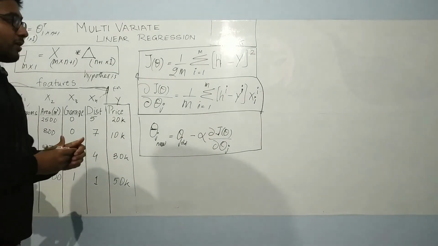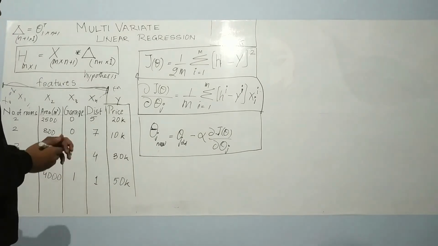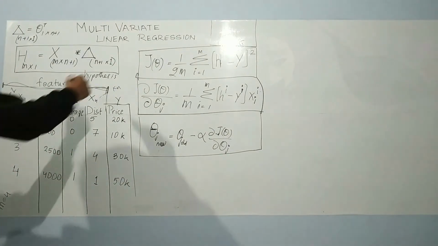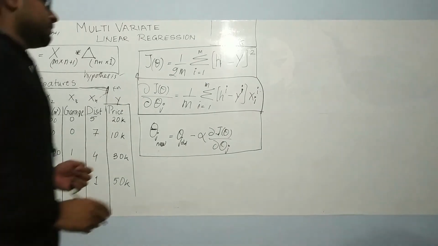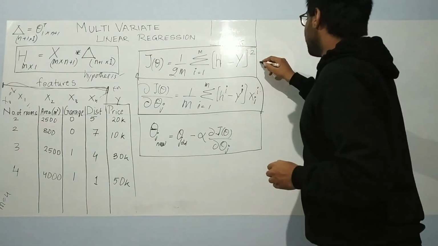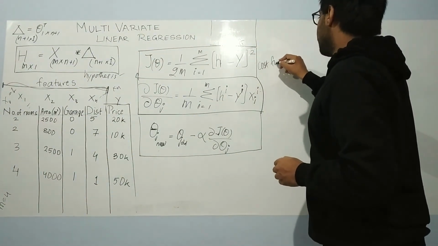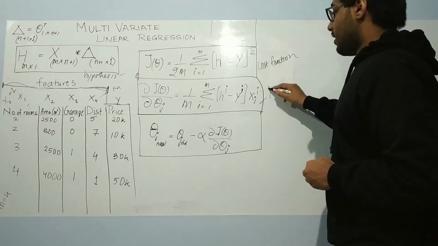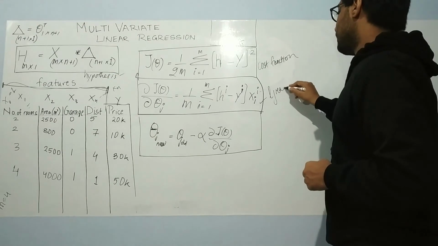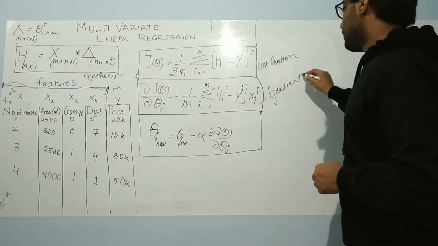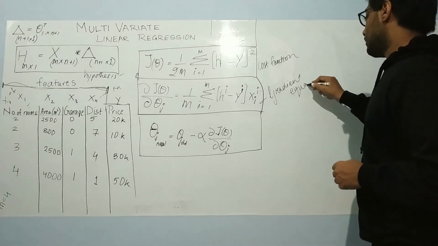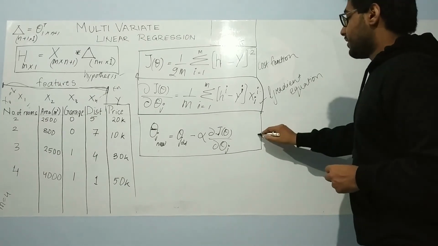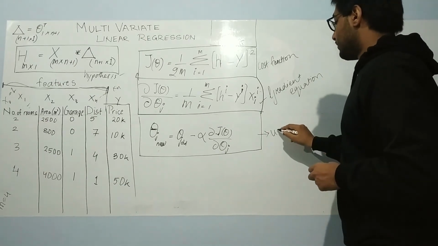So here we have found four equations. First we had our hypothesis, then our cost function, then our gradient equation, and then the updating function.